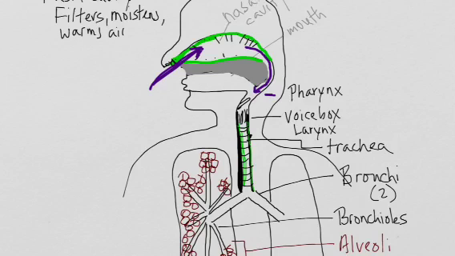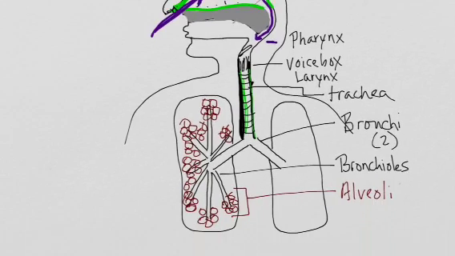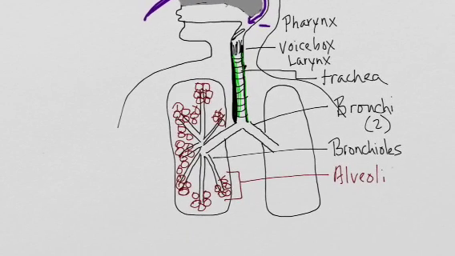It hits the trachea, where more filtration occurs. Then it goes into either your right bronchus or your left. Although we've only drawn it on one side here, the exact same thing is occurring in both lungs.